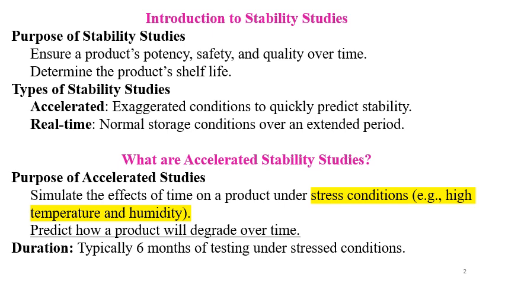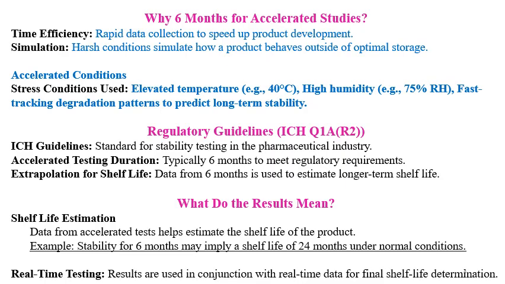The temperature is high and also the humidity is high for accelerated condition. And this accelerated condition predicts how a product will degrade over time. Generally, the period for accelerated condition is 6 months for stress condition.